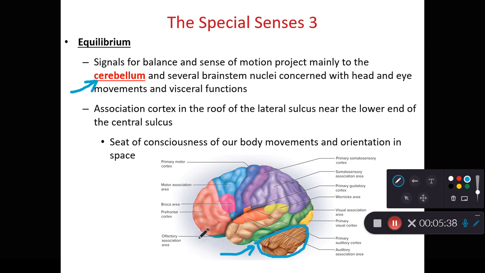The lateral sulcus is this big indentation right here. So the roof of the lateral sulcus is going to be the superior margin of that. And this is the seat of consciousness of our body's movements and orientation in space. So this is a way for us to be able to know how we're moving around, to perceive the movement of our body throughout space.